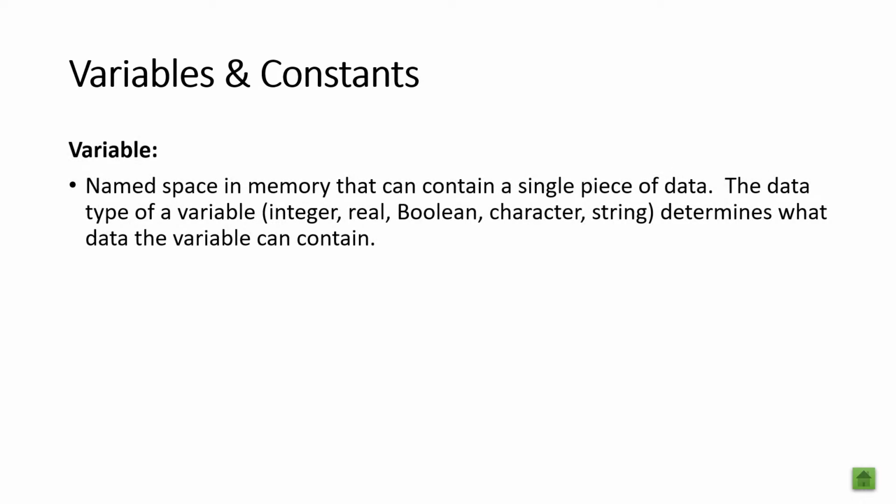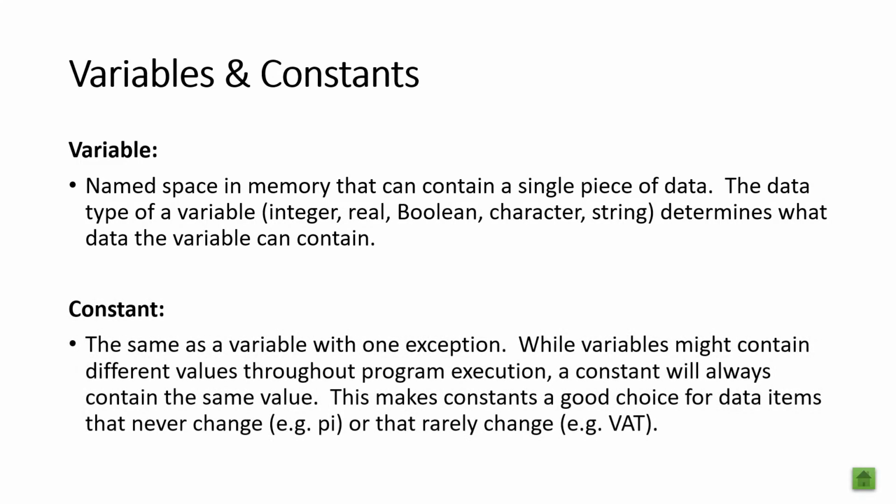And now we look at key programming terminology, variables and constants. So a variable is a name space in memory that can contain a single piece of data. The data type of a variable, such as an integer, a real, float, boolean, character or string, determines what the data inside the variable contains.